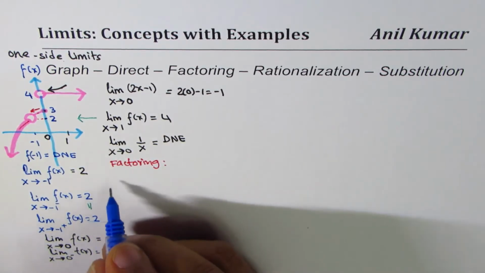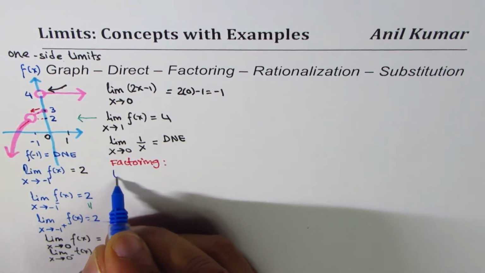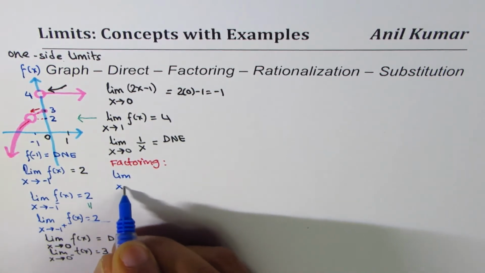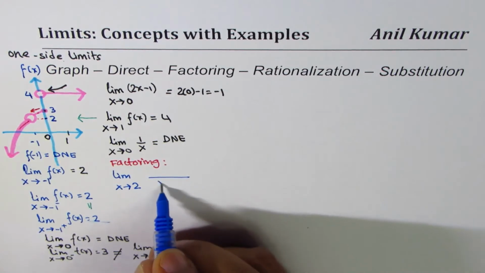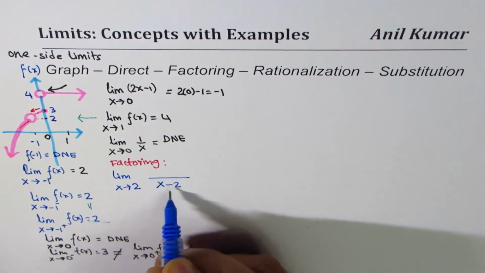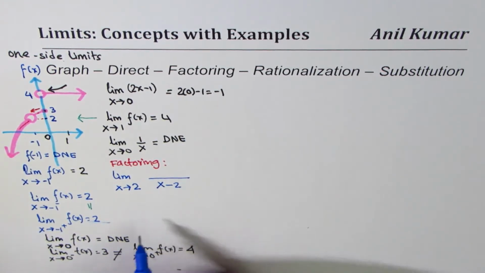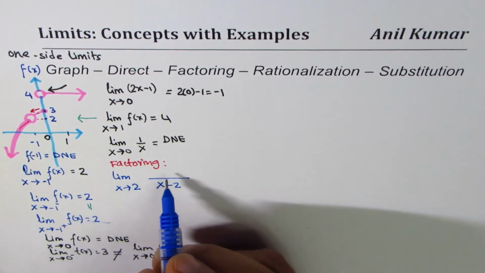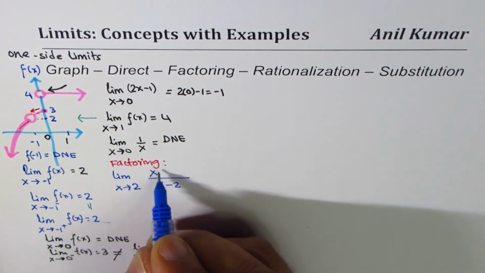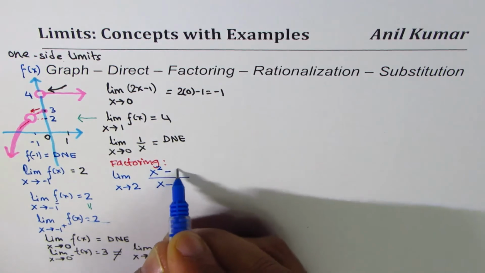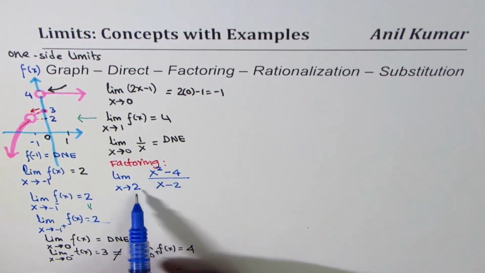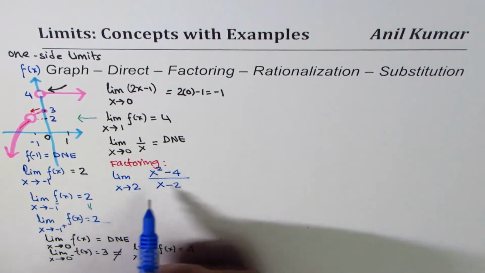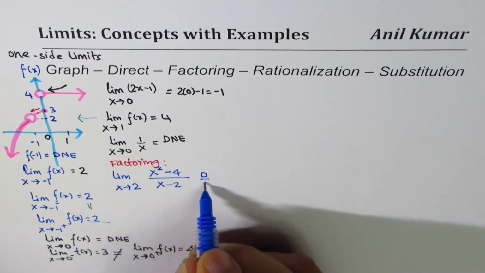Now let me consider a function, let's say limit x approaches, let's say 2, and we have a function where it is 0 at 2 in the denominator and it is 0 in the numerator also. For example, we have x squared minus 4. Now this function here, if I substitute 2, what I get here is 0 over 0.